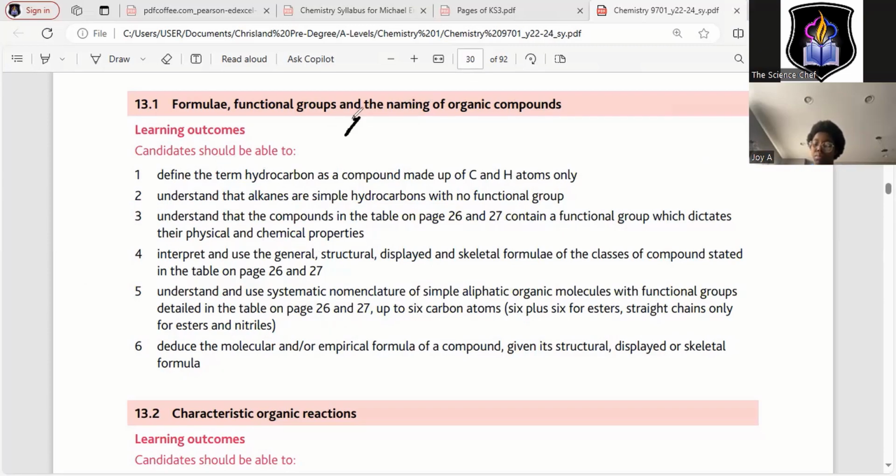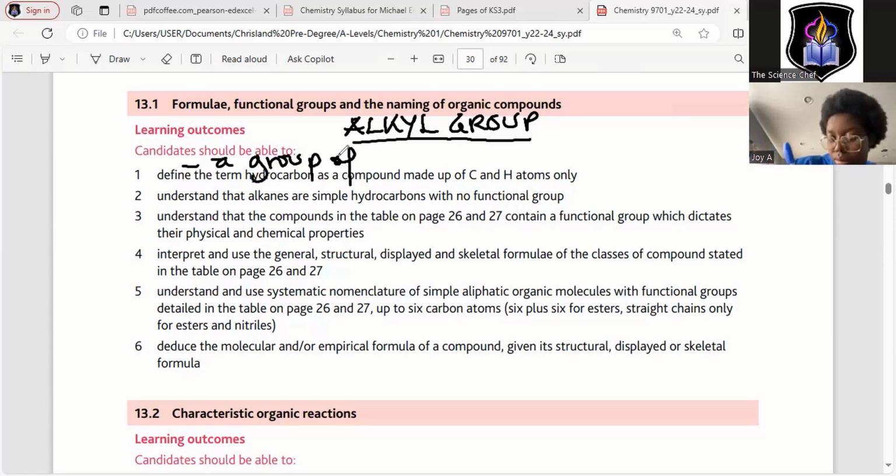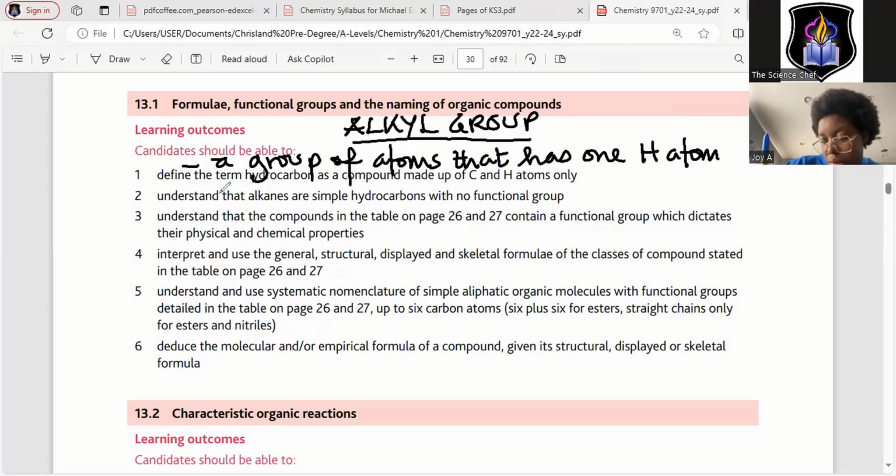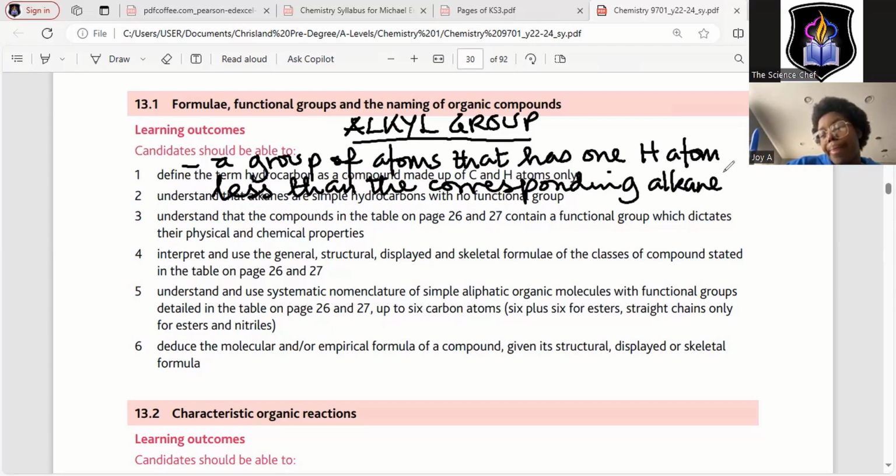An alkyl group is a group of atoms that has one hydrogen atom less than the corresponding alkane, right?